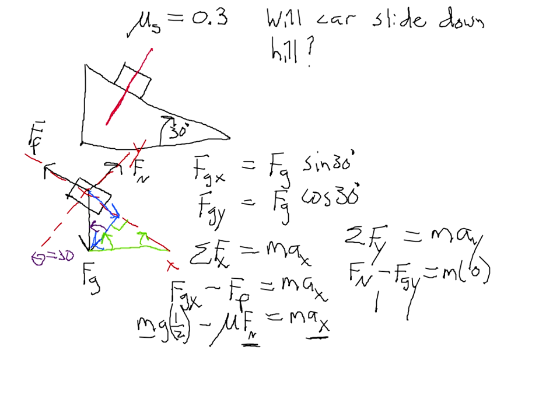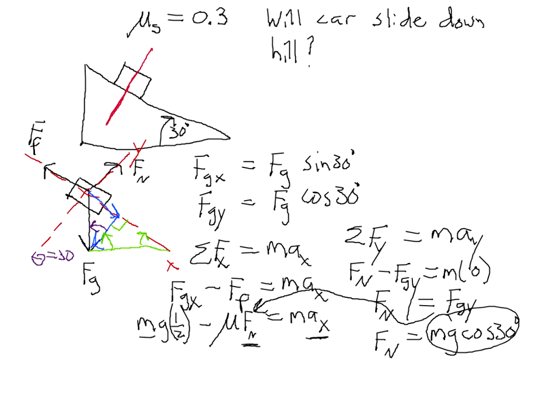That means that the normal force is equal to the y component of gravity, or the normal force is equal to mg cosine 30. Let's take this expression that we got for the normal force and plug it in right there.